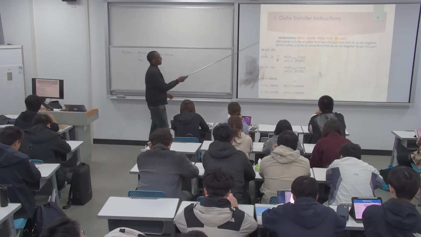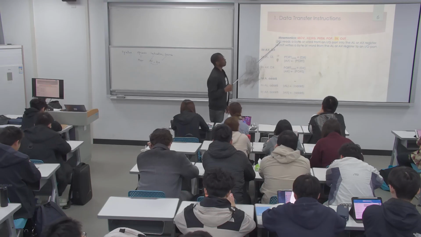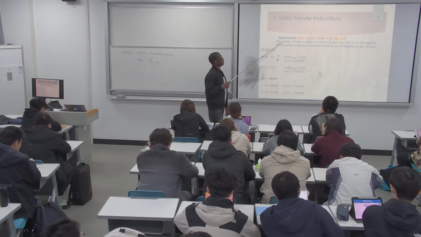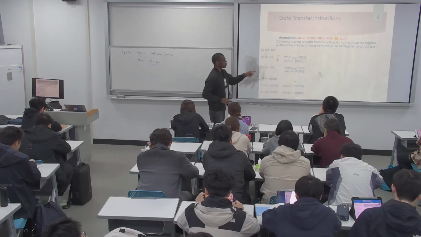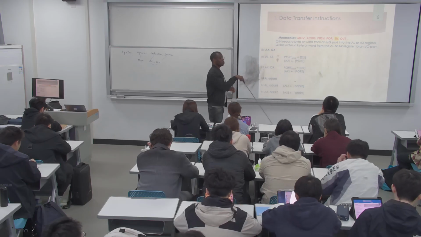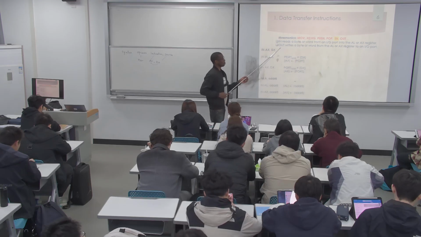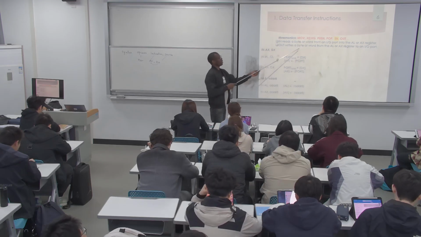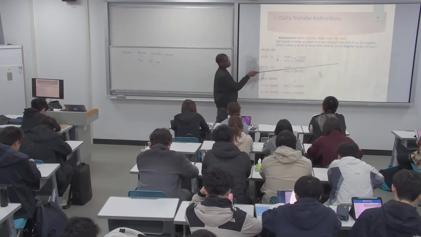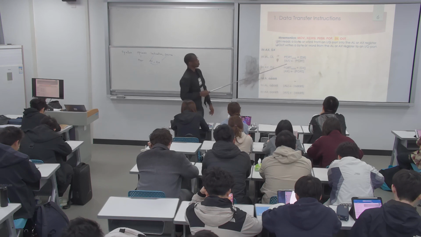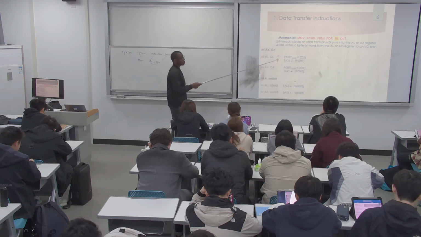A takeaway for the in and out instructions: in is to read a byte or a word from an input port into a register, whereas the out instruction is to write a byte or a word from a register to an input-output port. So these two instructions are opposite to each other.